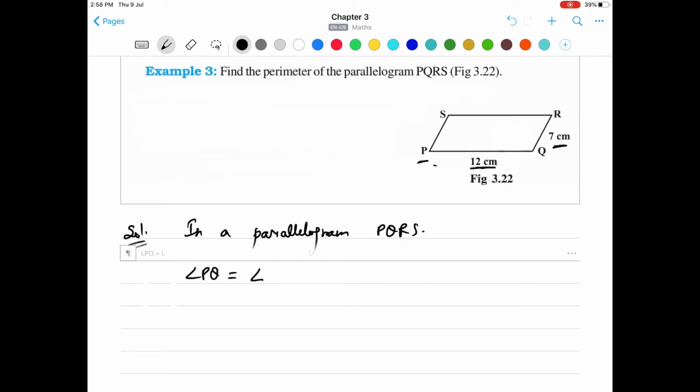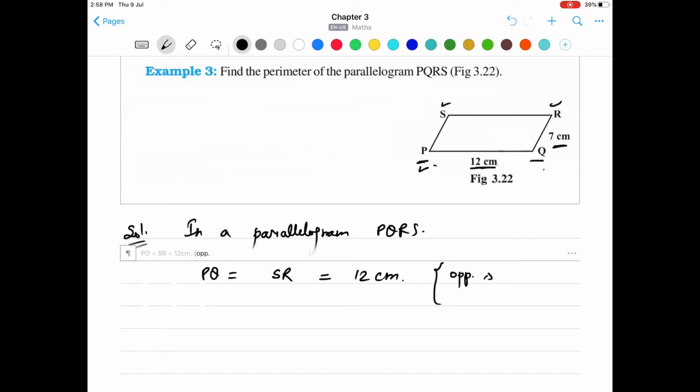When you write this as PQ, its opposite side will be SR, not RS. I'm writing the side, not the angle. So PQ will be equal to SR, and that will be equal to 12 centimeter, as PQ is given. You have to write the reason here. The reason here is that opposite sides of a parallelogram are equal in length.